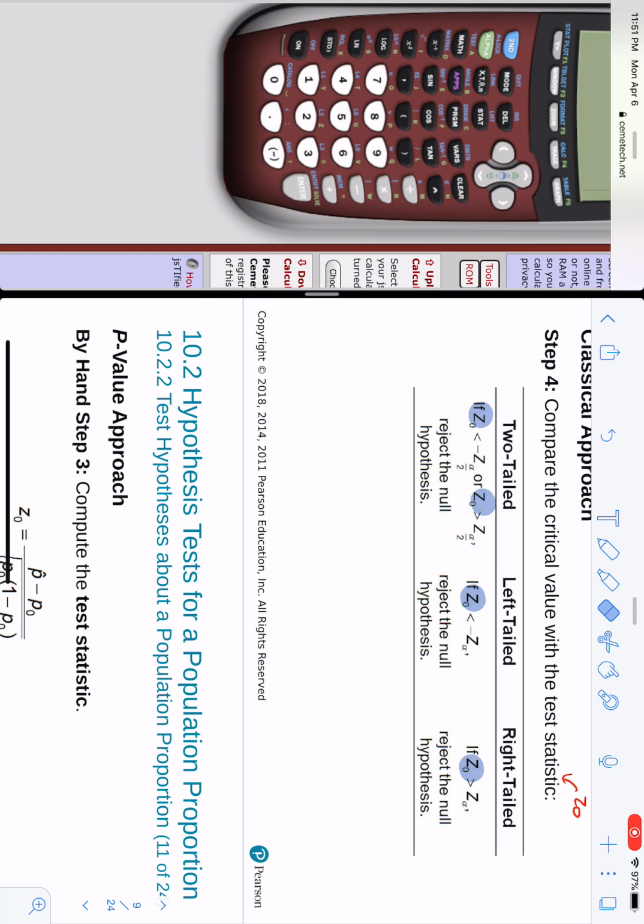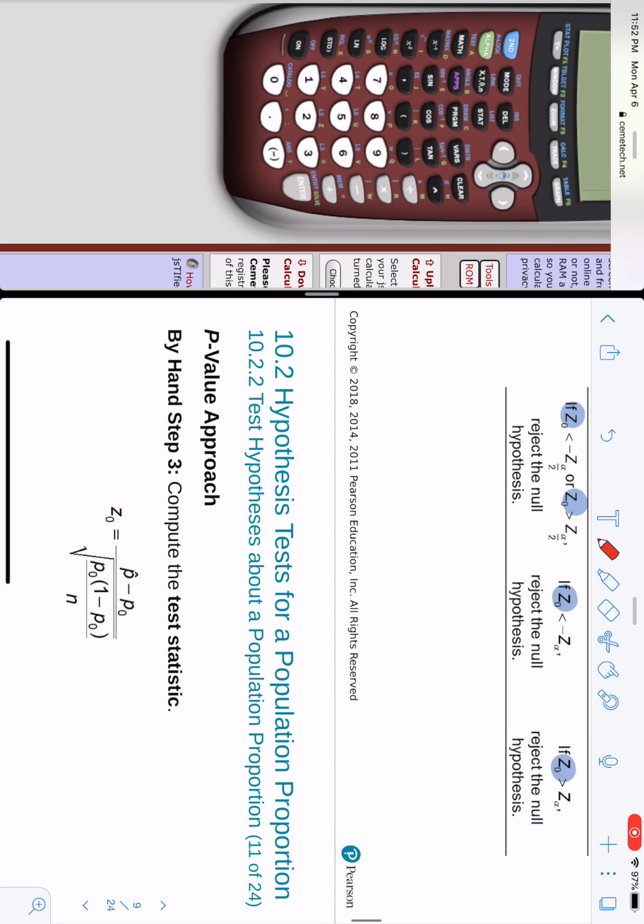So we use the data to find the test statistic. It is important. Then we use that test statistic to obtain a conclusion.